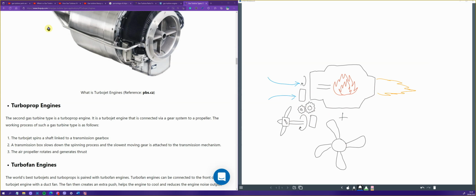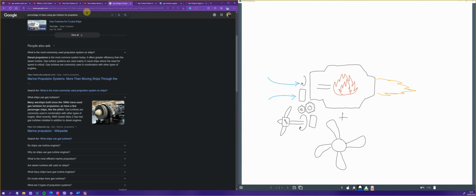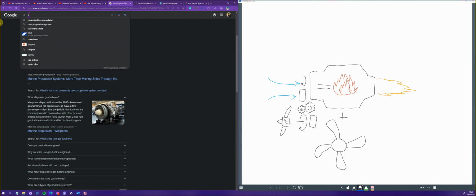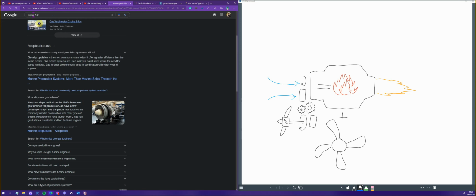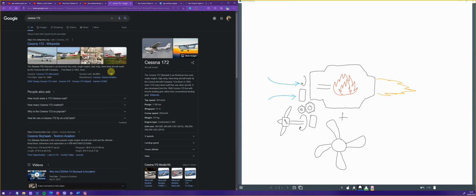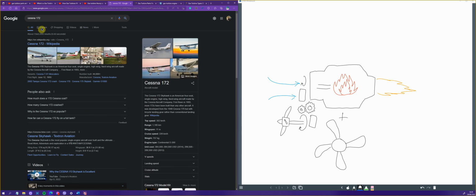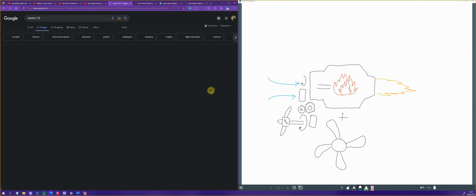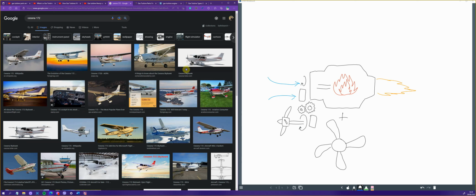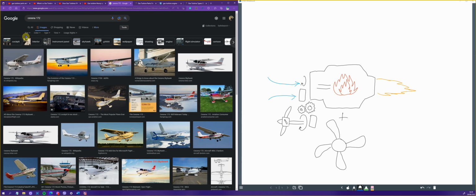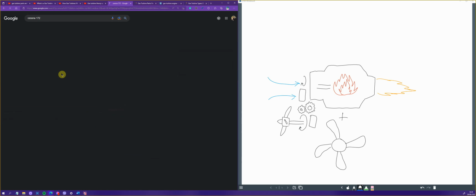Hanap na tayo Cessna na eroplano. Ayan. Yan lang, images natin. So, nakikita nyo, hanap tayo ng malaking picture.